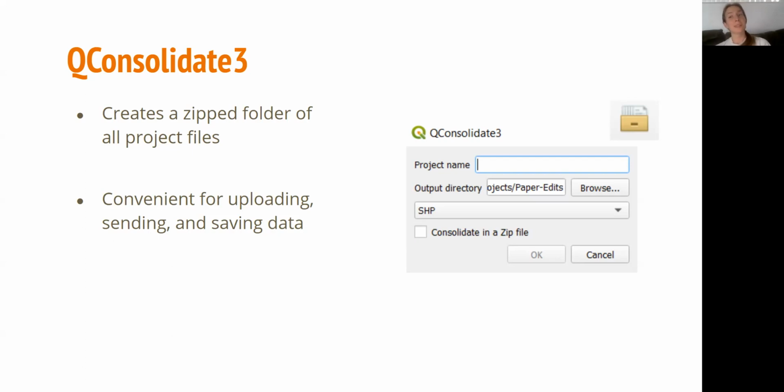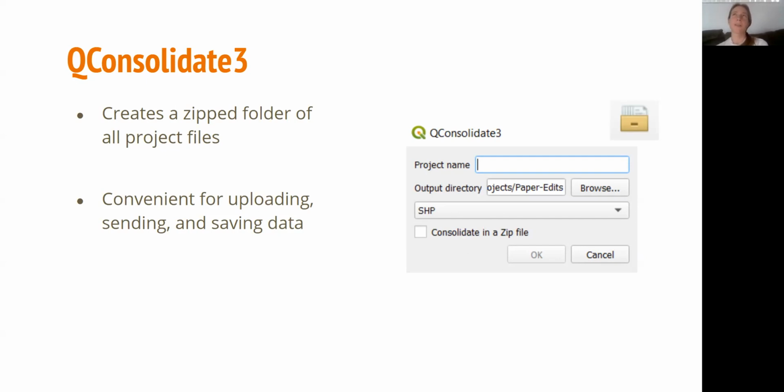But if you use QConsolidate, it will take all of your associated files, so all of the layers associated with your project, and put them in that file folder. So I'm trying to get better about when I'm done with a project, just running QConsolidate and tying that project up into one nice package and then leaving it somewhere in like my documents folder, so that when I go to access it, I know everything associated with that project is there.